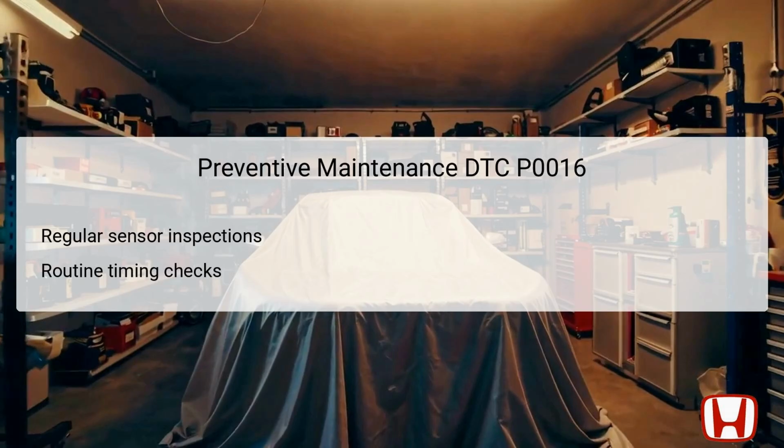Scheduling maintenance at recommended intervals according to Honda guidelines allows for timely replacements and adjustments. Proper care of these components can significantly enhance the vehicle's reliability and performance. Furthermore, maintaining electrical connections to sensors can prevent intermittent failures that lead to confusing DTC codes and costly repairs.